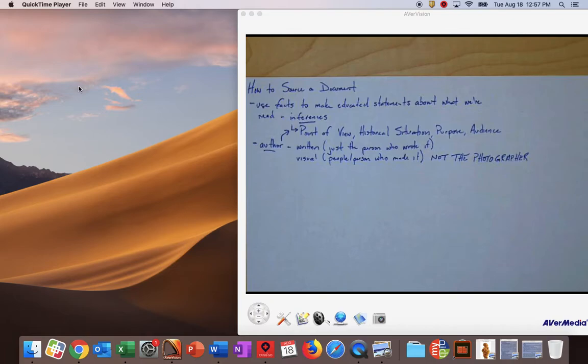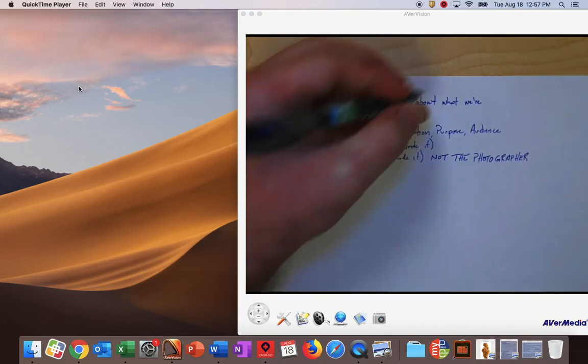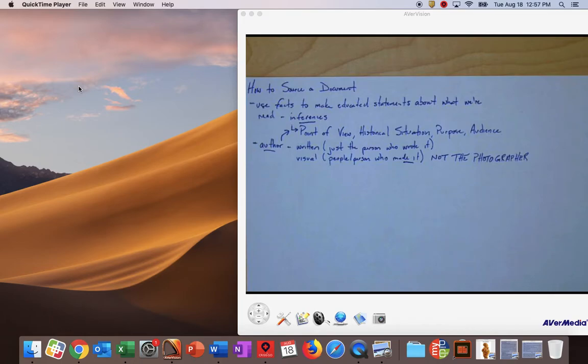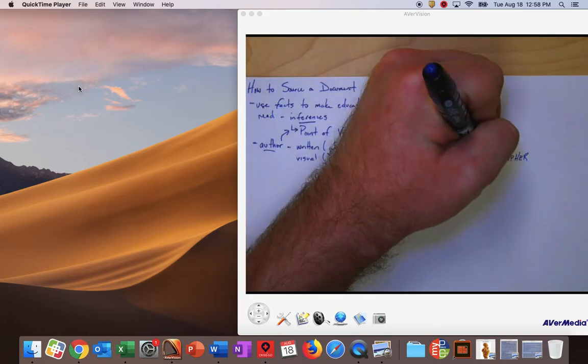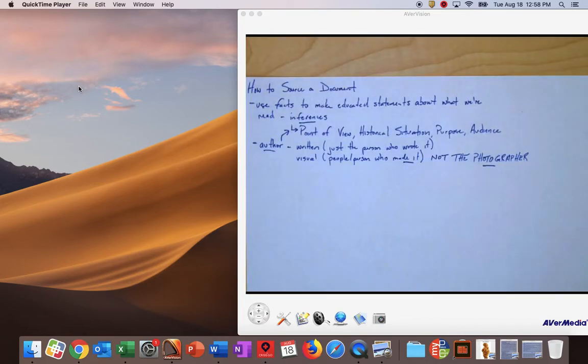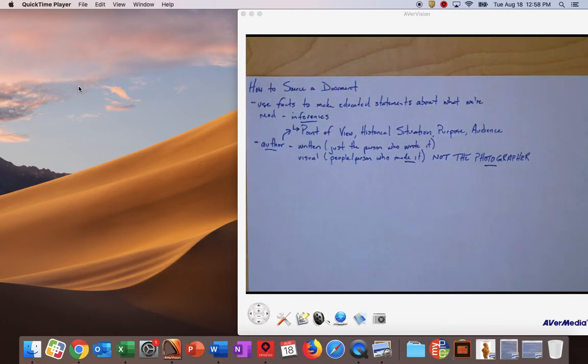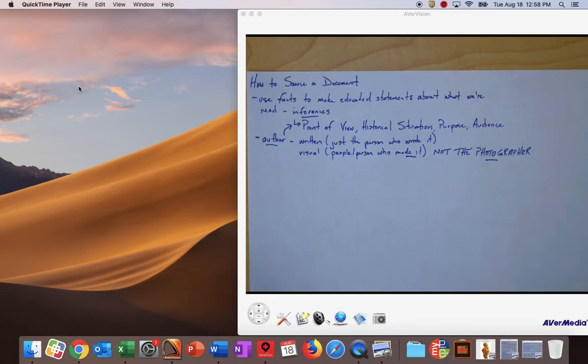So if I ever show you a picture of a building or a picture of a sculpture, the author is not the person who took the picture. The author is the person who made the thing. So if I see any work that cites the photographer as the author of the thing, well, we're going to have a conversation about that.